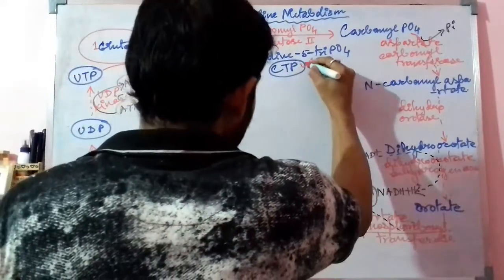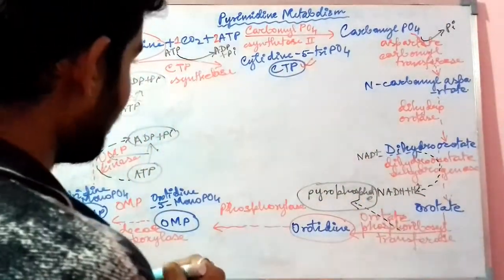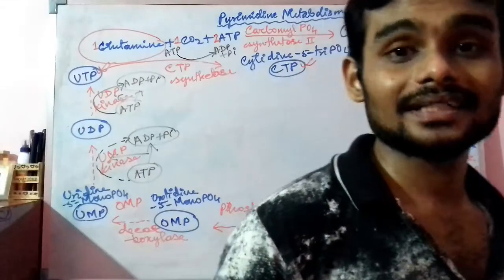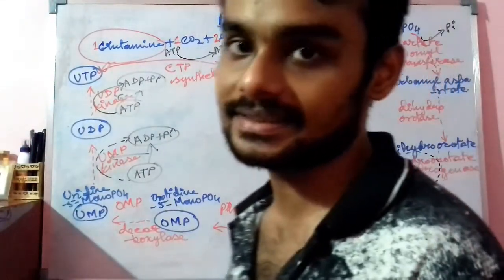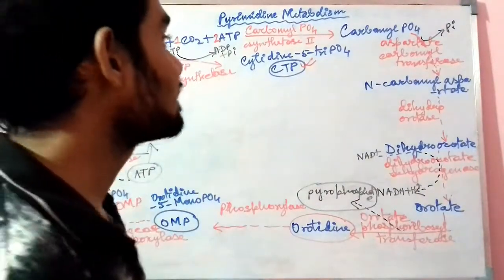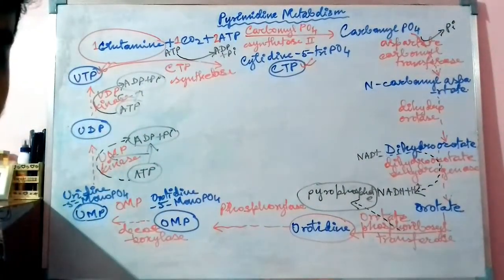this compound cytidine triphosphate, and uridine triphosphate, these two are the stable pyrimidine compounds, the pyrimidine class of nucleotides that are synthesized in the pyrimidine metabolism part.